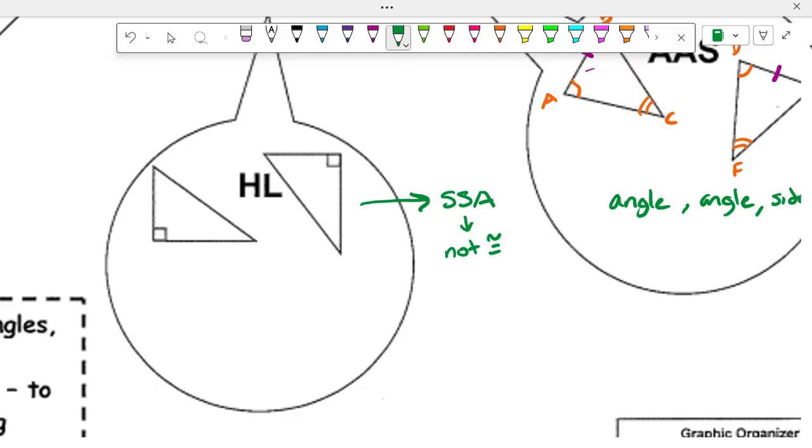So it has to be a right triangle, and the hypotenuse of both triangles are congruent, as well as a leg of both triangles. So this was ABC and DEF. The hypotenuse, or the side across from the right angle, is congruent, as well as another one of the sides. And that's called hypotenuse leg.